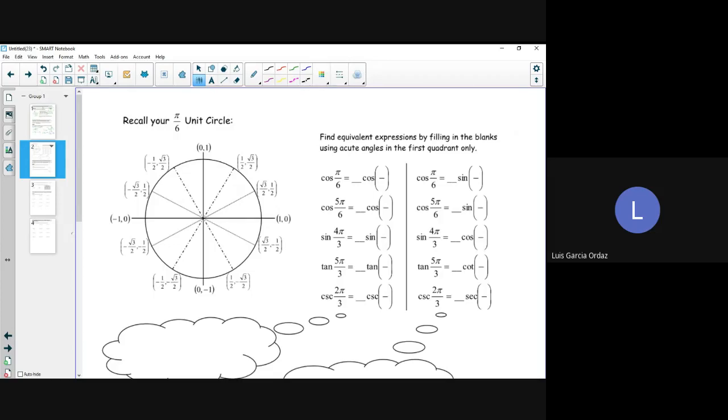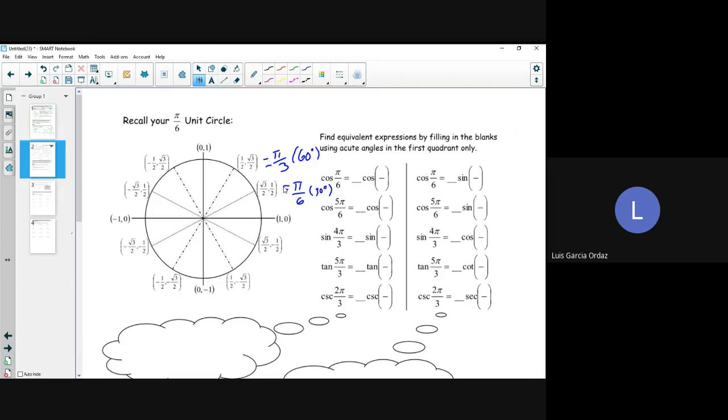Remember, this one is pi over 6, and this one is pi over 3, because it's 30-degree intervals. You should have this somewhere in your notes, hopefully.